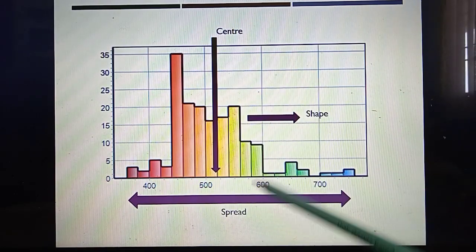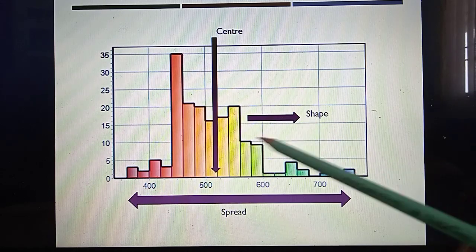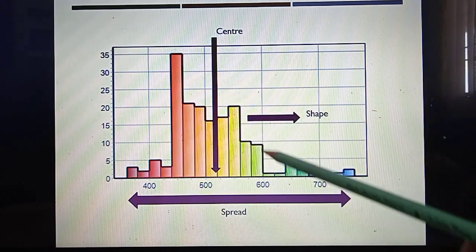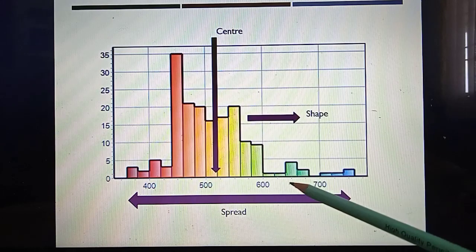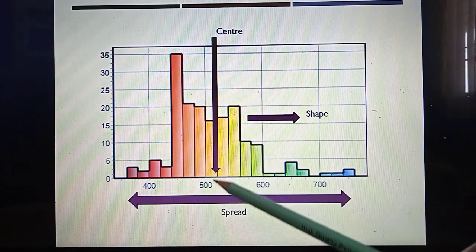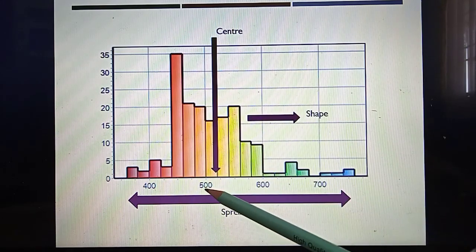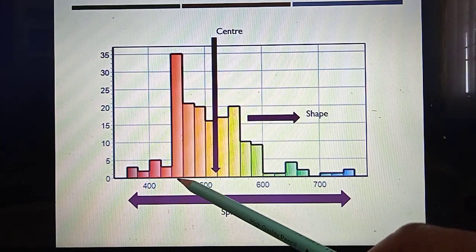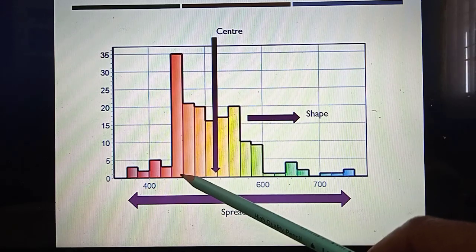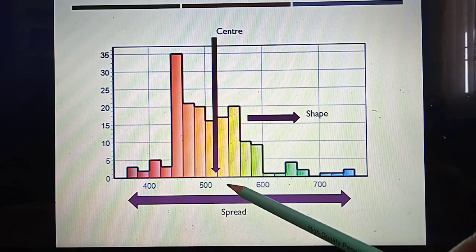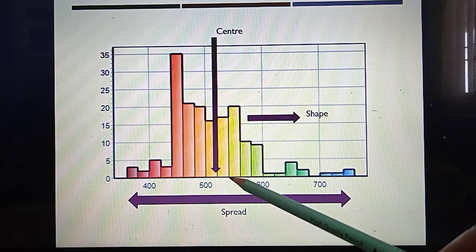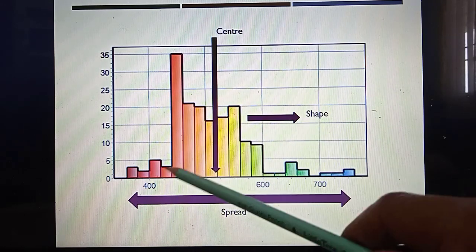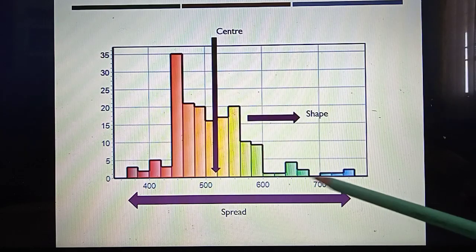And then shape, we will be looking at the shape of the graph or this histogram. So we are able to determine which data will be the most frequent to appear in the distribution, and which will be the least to occur in the distribution. So this is the shape of the data.